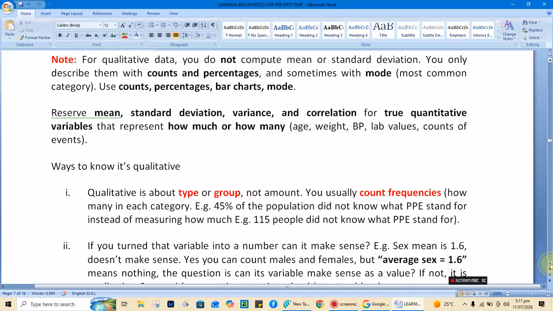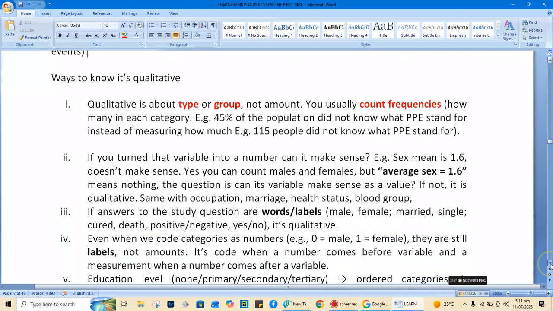How do you know that the data that you're dealing with is qualitative? You know it if you're talking about types. For example, types of colors. In this population, 16 people like blue.